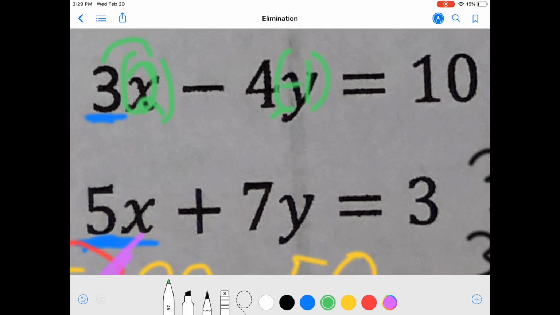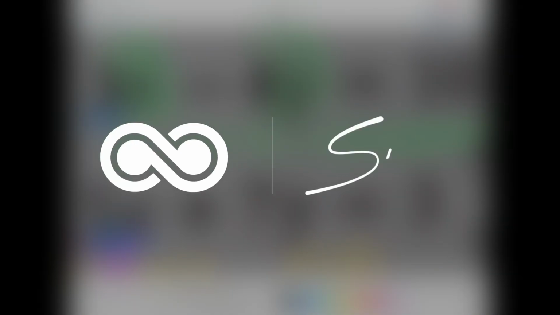So positive 3 times 2 gives me 6, and -4 times -1 gives me positive 4, equals 10. This turns into 10 equals 10, which is correct.